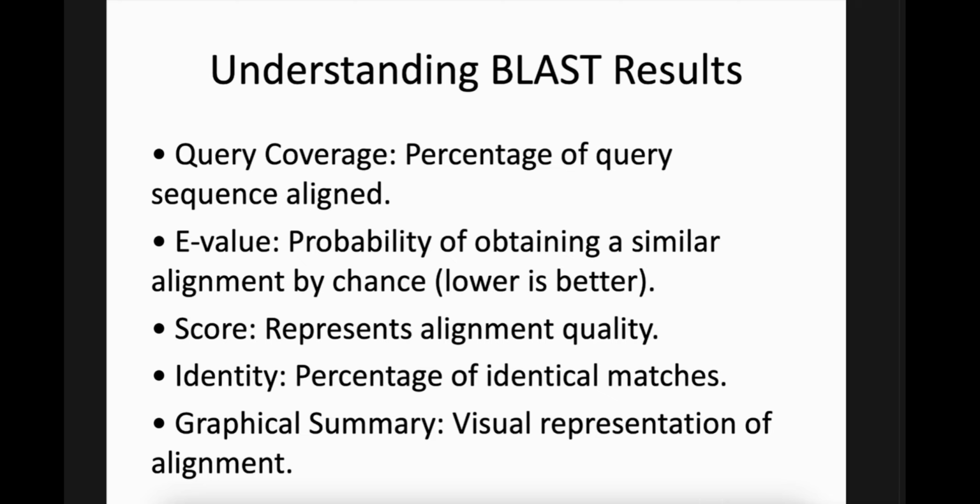If 0 is the e-value, that means there is only one occurrence of that particular sequence in the entire database. Score represents the alignment quality. Higher the score, better the alignment. Identity is the percentage of identical matches between the query and the database sequence. The graphical summary helps us to understand the percentage of identity, or how similar these sequences are.